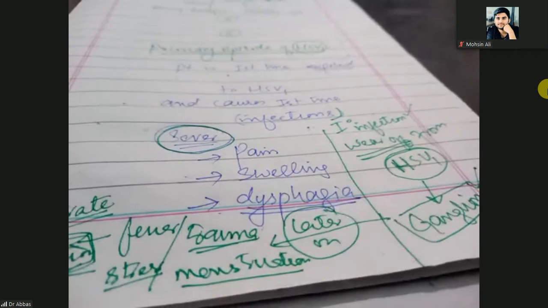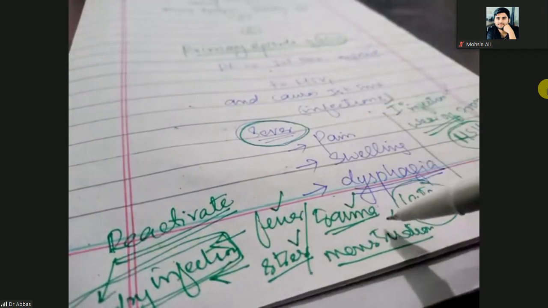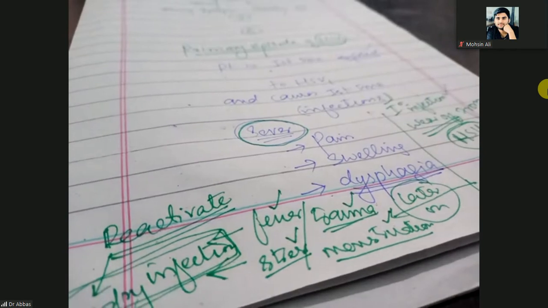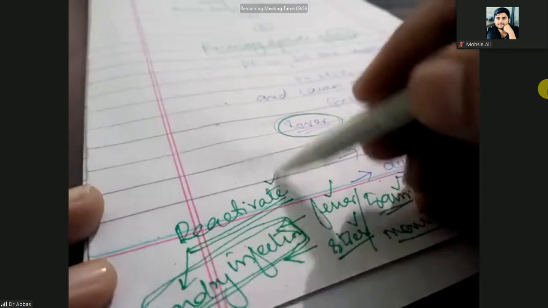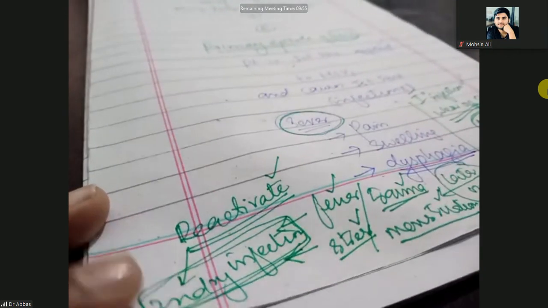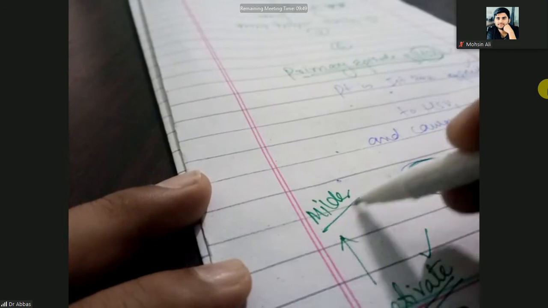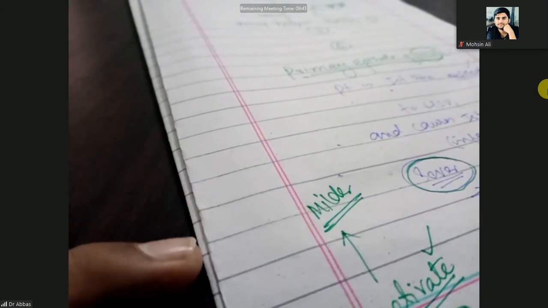So when there is a specific situation later on, due to fever, stress, trauma, menstruation, or immunity depression, or in immunocompromised people, it will reactivate, leading to secondary infections or secondary episodes. This secondary episode is milder, not as severe as the primary episodes.